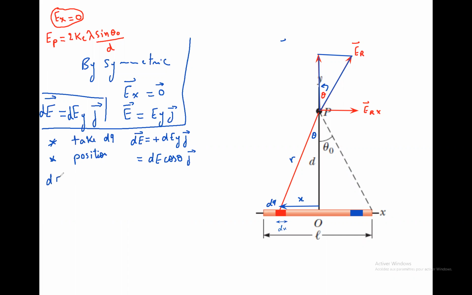So dE equal, we do the integral. So we do the integral of dE equal the integral of like this.